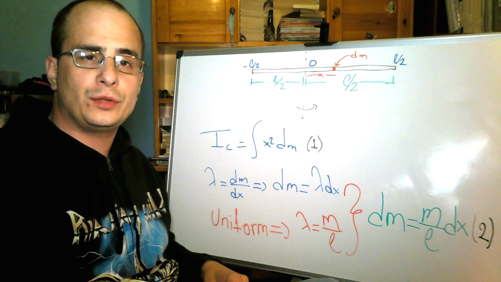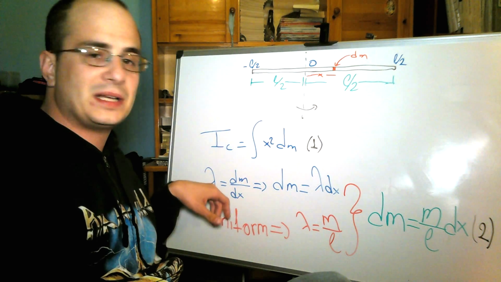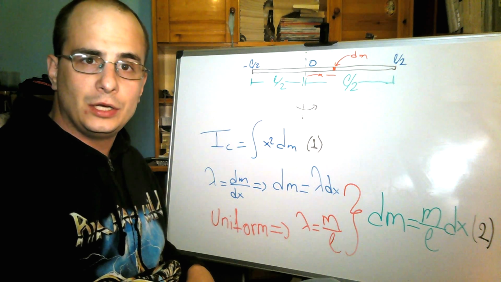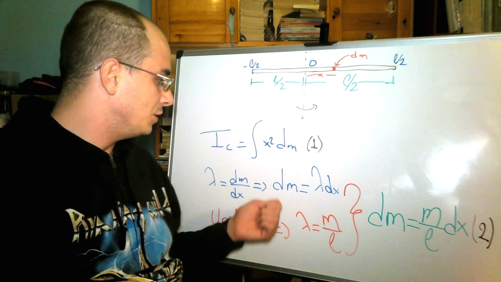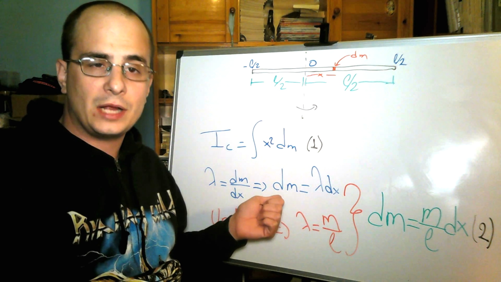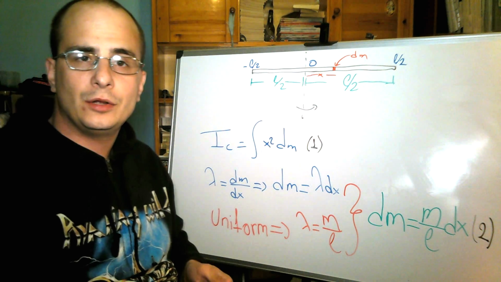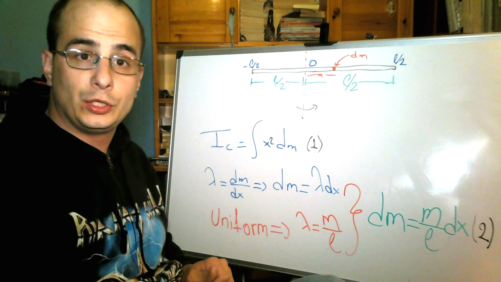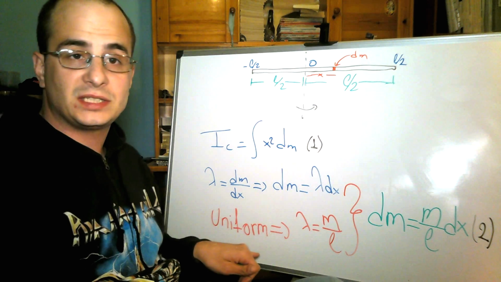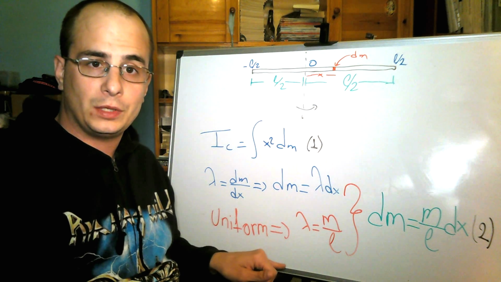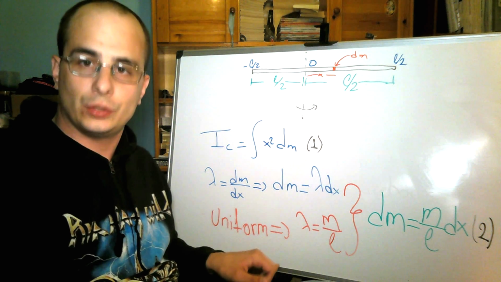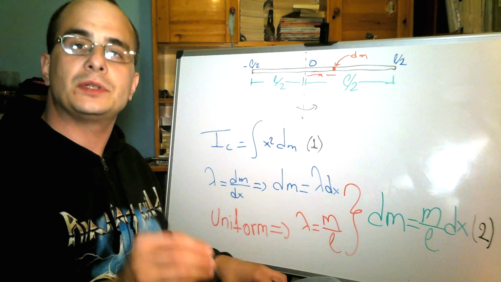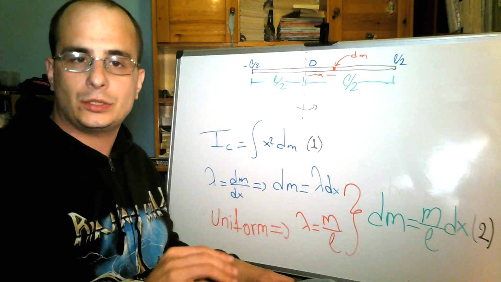Now we're using the mass density in order to find the equation for the mass element we have taken from the uniform rod. We also use the uniformity rule: since a rod is uniform, its density does not change at all.